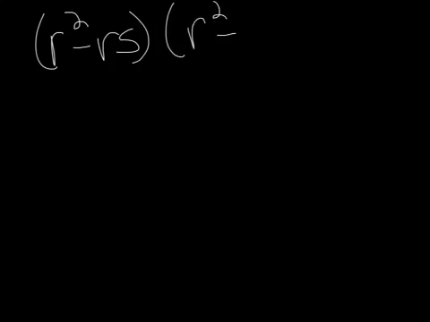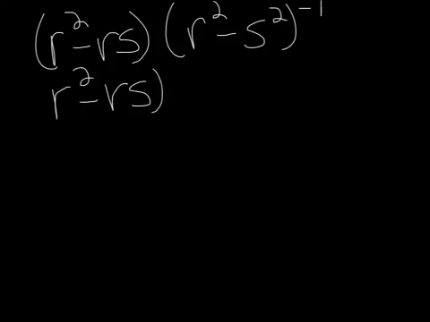Okay, example number 3. I see a negative exponent. If you will recall from our lesson, I believe it was on Monday, if I have a negative exponent on top, if I take it to the bottom, it becomes positive.